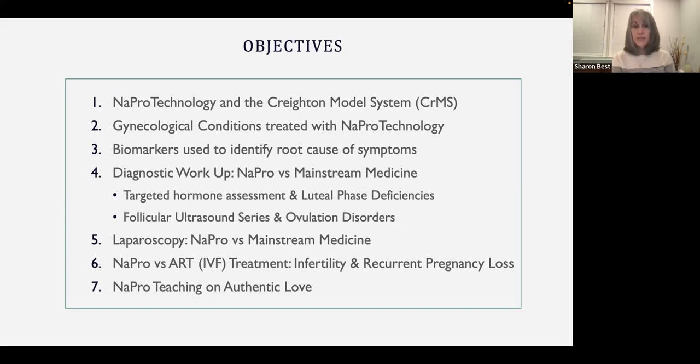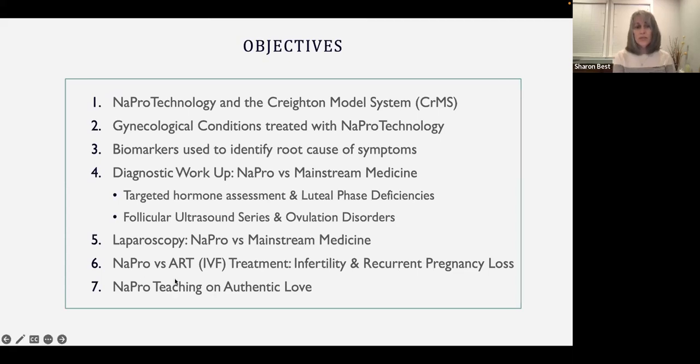So for instance, we have 6 luteal phase deficiencies that we diagnose in NaProTechnology and 5 ovulation disorders. I'll also explain to you what a laparoscopy looks like when it's done by a NaPro-trained OBGYN surgeon versus what a laparoscopy will look like when it's done by the OBGYN who has undergone the more typical residency and fellowship program.